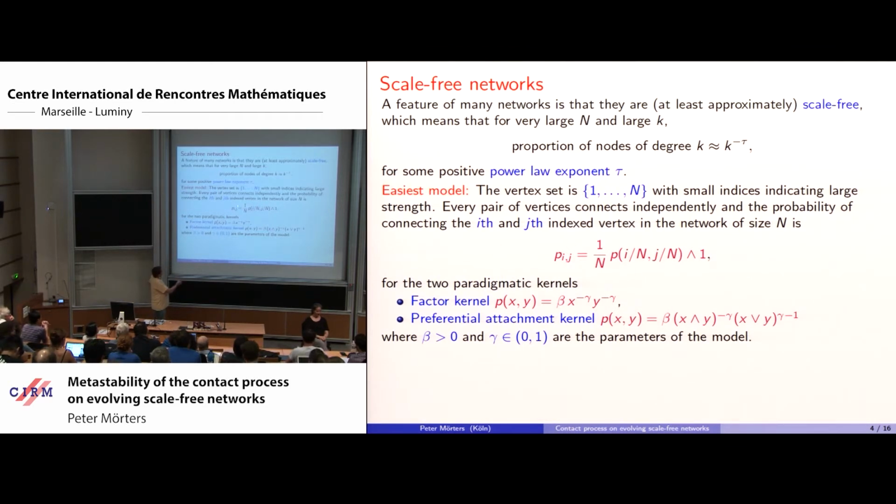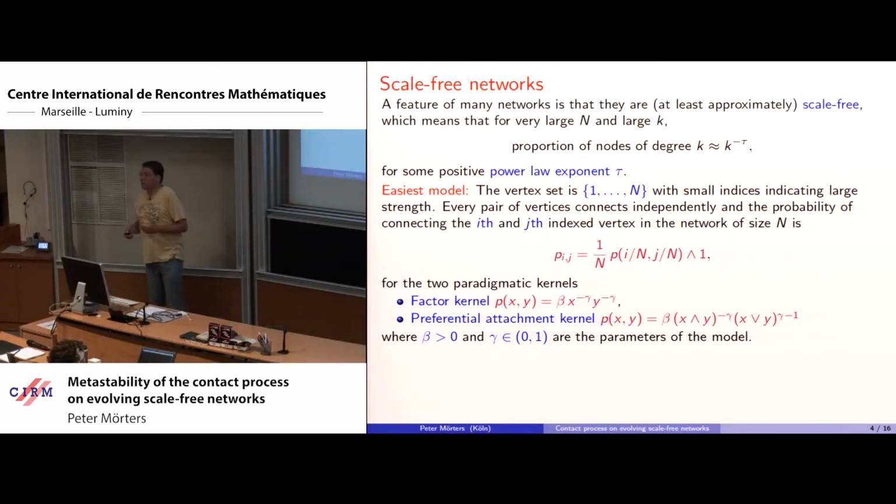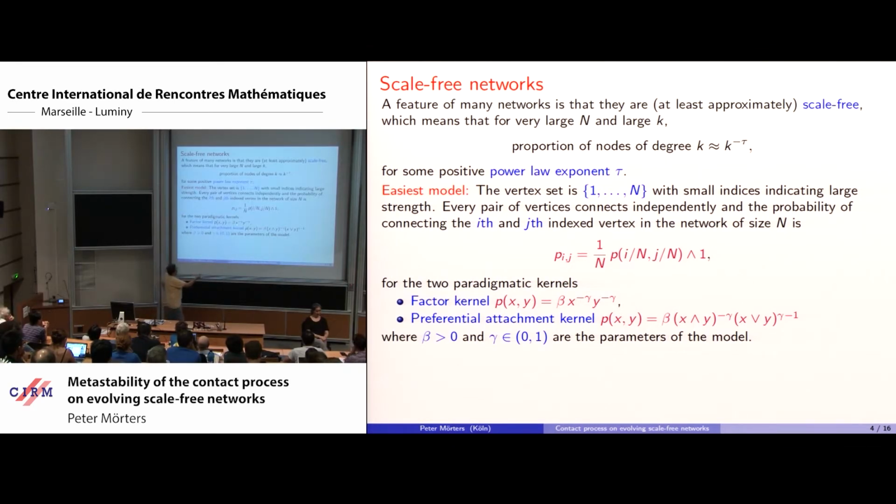So what kind of p_ij do I want to put in? Well, I want to put in the probabilities, more or less, that I get from all the scale-free models that I know. If you choose your favorite scale-free network model, like a configuration model or Chung-Lu, Norros-Reittu, there's a whole bunch of them around, then you discover that they have connection probabilities that are at least asymptotically of the form that this kernel P of x, y is some constant multiple of x to some negative power times y to some negative power.